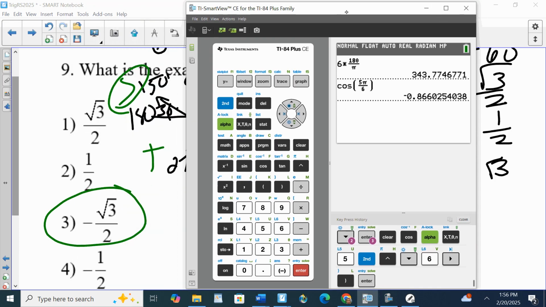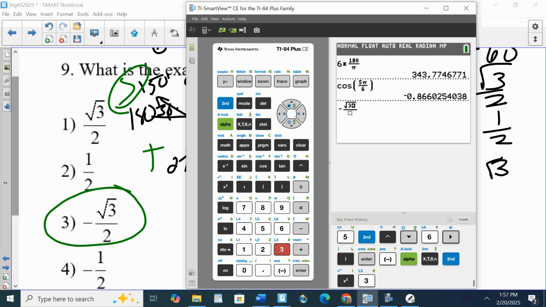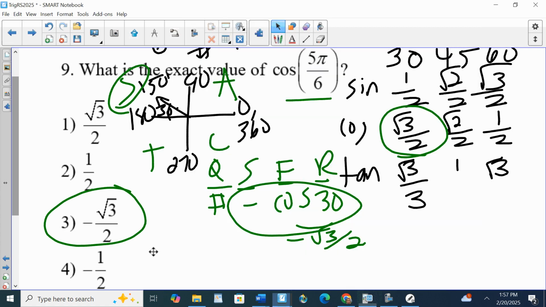You can type in each answer and see which one matches up. It's got to be negative. It's obviously not 1/2 because 1/2 is 0.5. If I type in negative radical 3 over 2, it matches up. Will it always work? If it's multiple choice, probably. I mean, they could ask questions in different ways, but I'd rather you do it with QSFR, but the shortcut should work for this test.